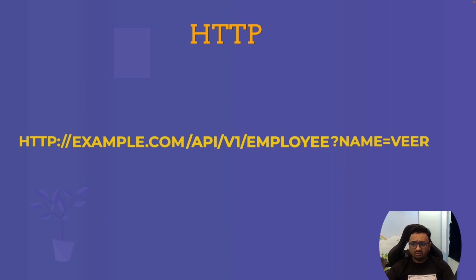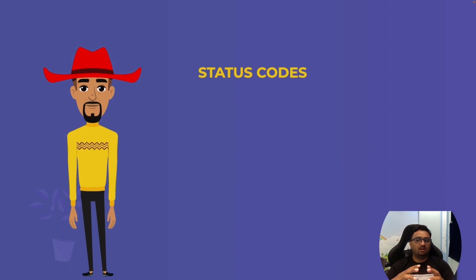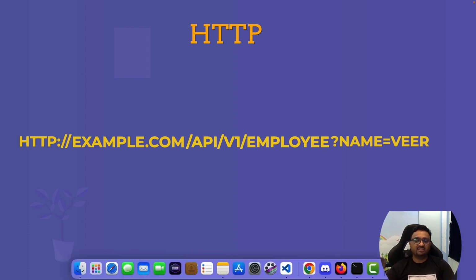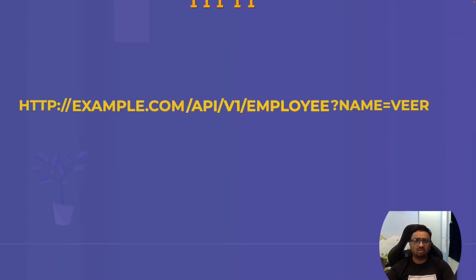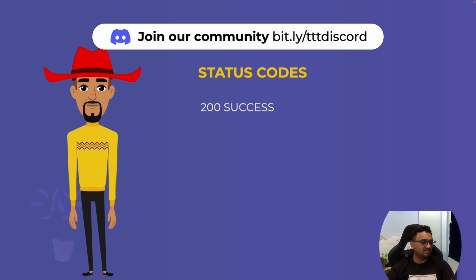Basically, this is a valid request pattern. But how can we test whether it is returning a correct value for us or not? Based on your request, we can have different status codes. 200 series status codes are nothing but success. That means whatever you had requested or were trying to create has resulted in success.